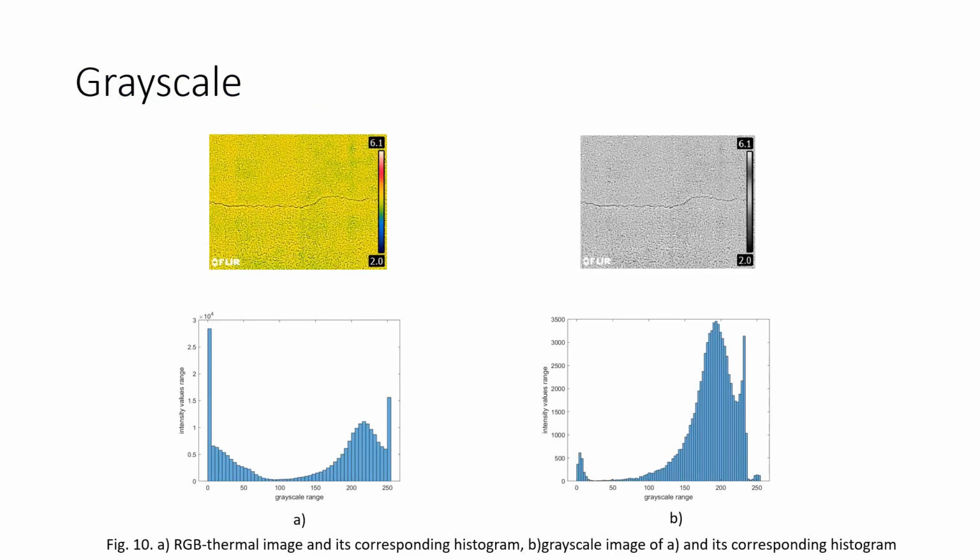So these are examples of the output of the grayscale image. From letter A, this is the thermal image and its actual histogram, while on the right side, this is the grayscale and its corresponding histogram. Actually, the main purpose of the histogram is to show us how the computer reads the image.